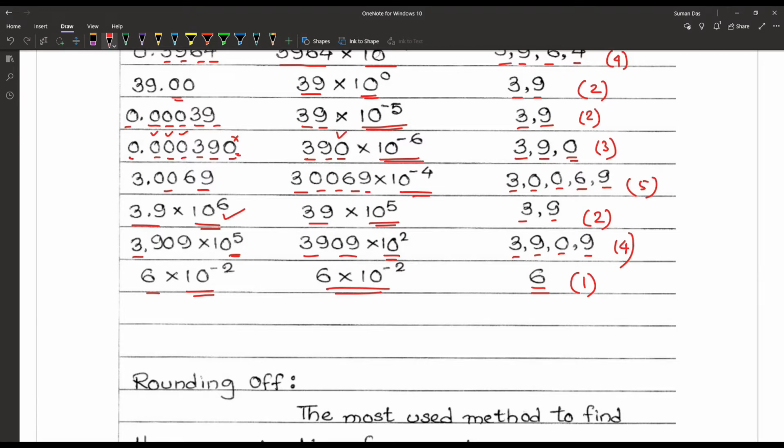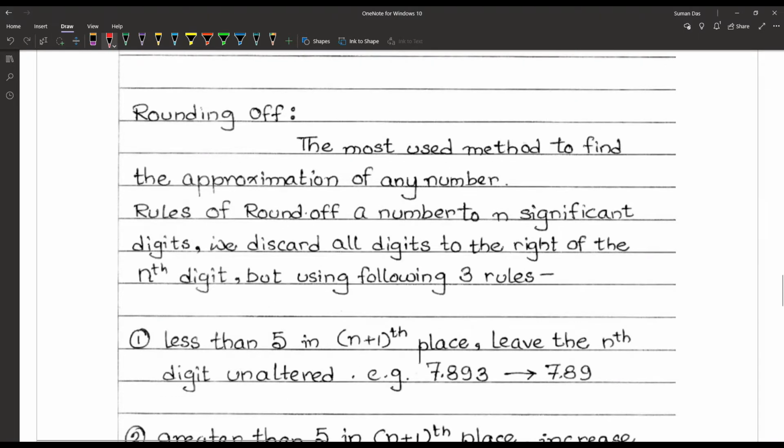Next, another most important procedure to find the approximate number is known as rounding off. The most used method to find the approximation of any number, but it follows some rules.